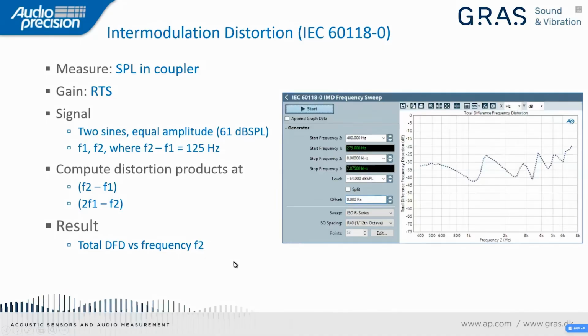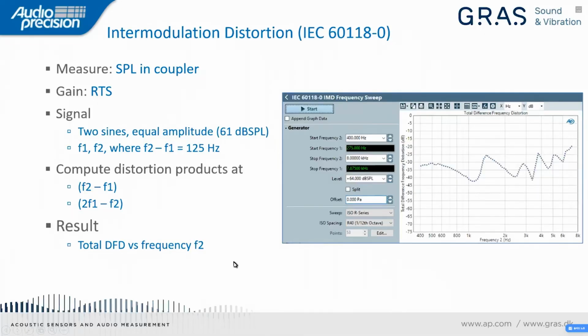Now, as I mentioned, there's an IEC 60118 Part 0 version of this. It's called intermodulation distortion, but it's essentially the same thing. The level is slightly different: the two sines are at 61 dBSPL instead of 62. Same difference frequency, but in this case, F2 is the higher of the two frequencies.